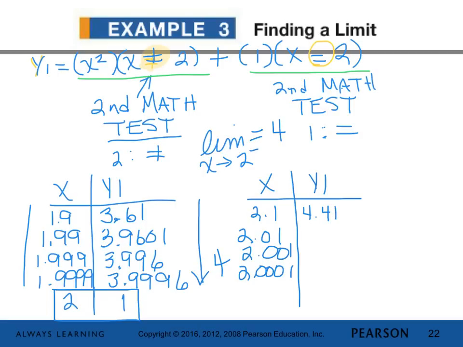And if we let x be 2.01, it says that y is 4.0401. And if we let x be 2.001, then y is 4.004.